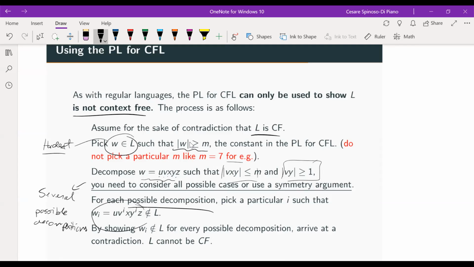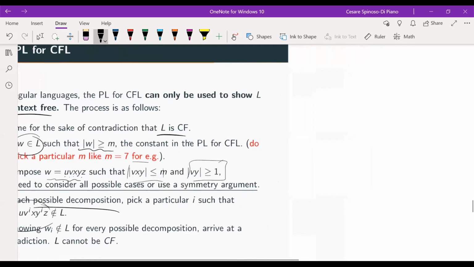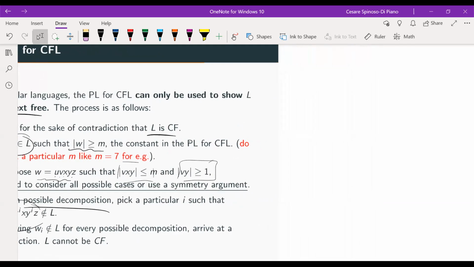And if you do that for every possible decomposition, then you know for any possible decomposition and for particular i's, w_i is not going to be in L, so L is not context free. Okay, so that's the very high level way of seeing it.